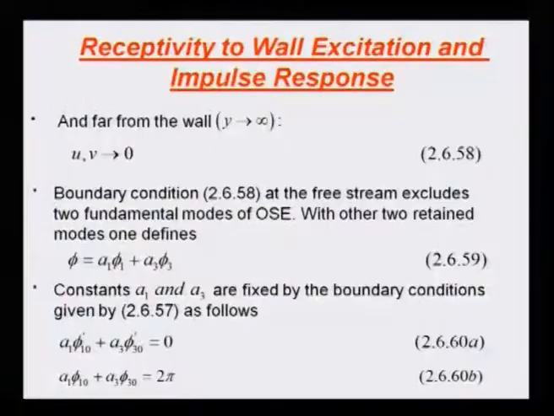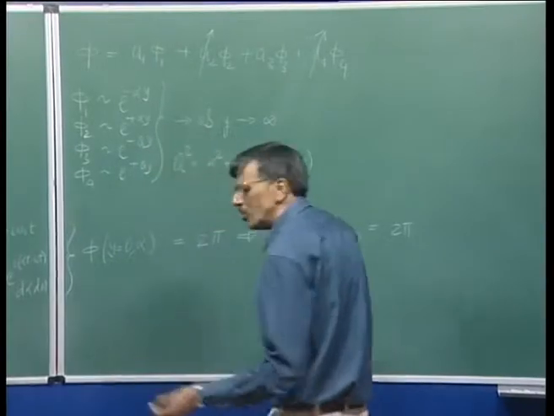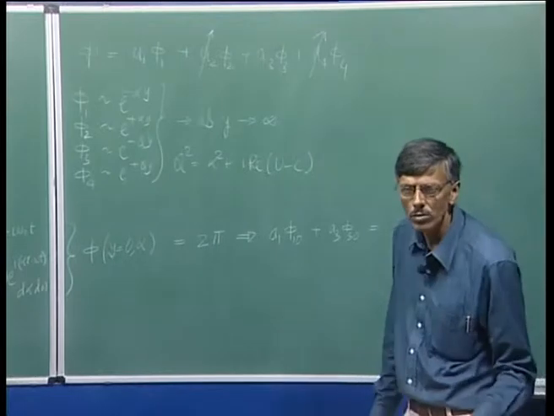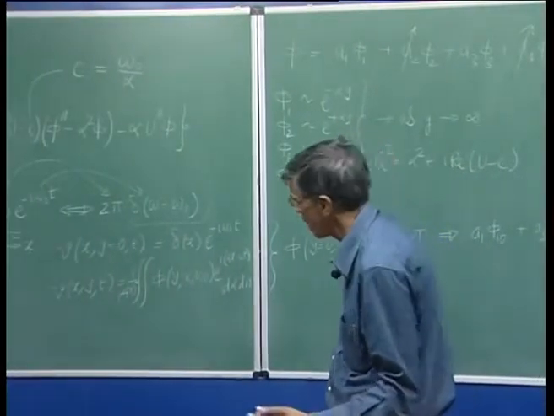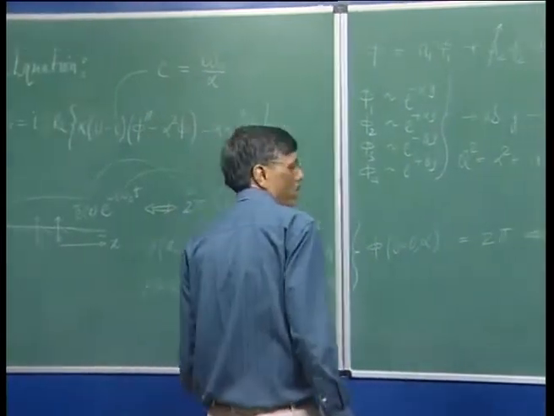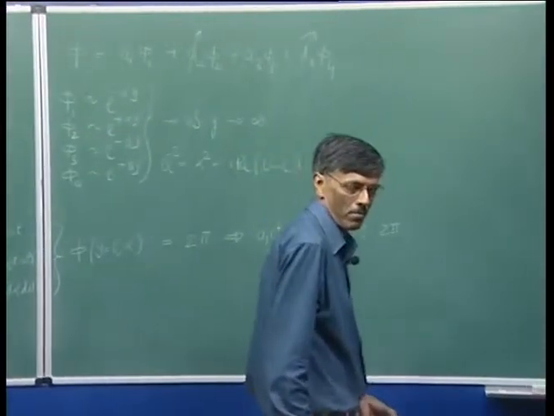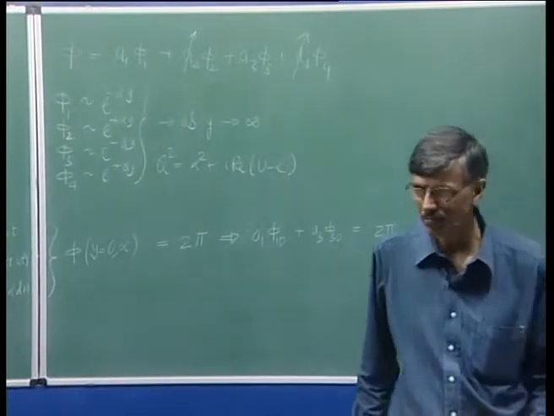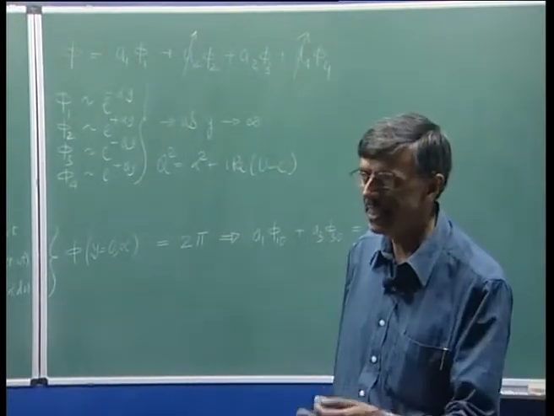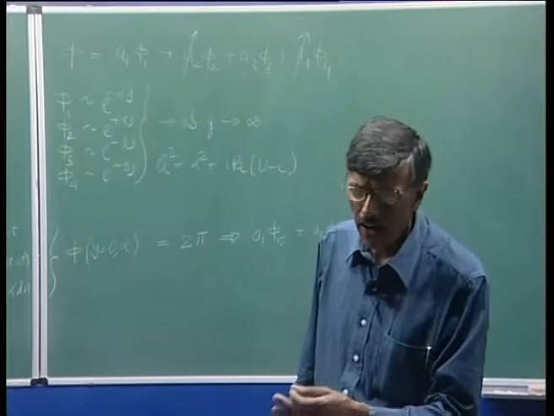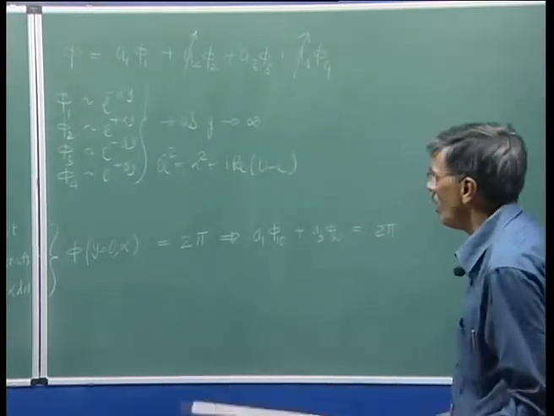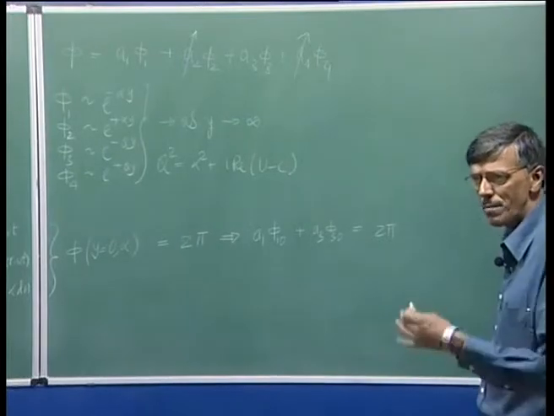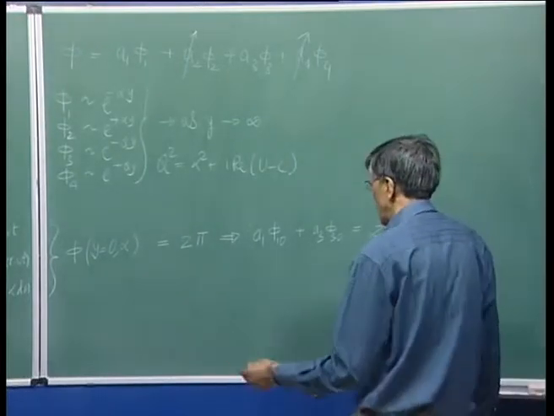Okay. And what about the other condition? The other condition is u equal to 0. What is u? If you recall, the mass conservation equation gives us that i alpha f is equal to phi prime, right. So, if f is equal to 0, then phi prime has to be equal to 0, right. So, that you have done.